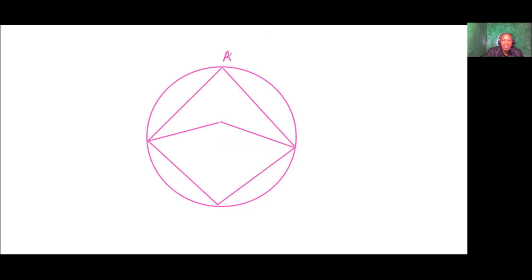Then this diagram is labeled A, B, C, and D, and this is the center of the circle. Then we are given this is angle 40, and this is angle 30, and you are told to find angle BCD. So this angle, what is the value of that angle?